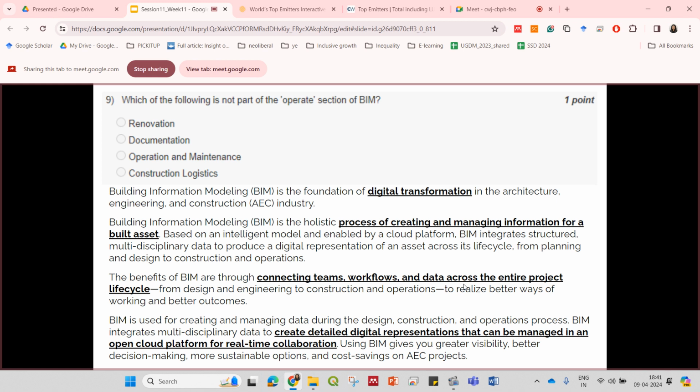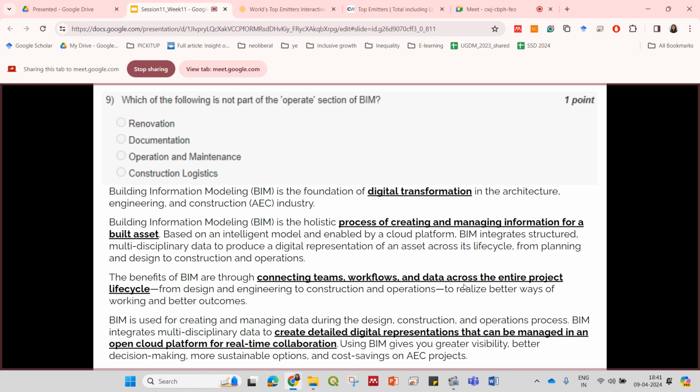So based on an intelligent model and enabled by a cloud platform, BIM integrates structured multidisciplinary data to produce a digital representation of the built asset throughout its lifecycle. So starting from planning and design conception of the building to its final construction and operation, it provides a digital representation of all stages of the building life cycle.